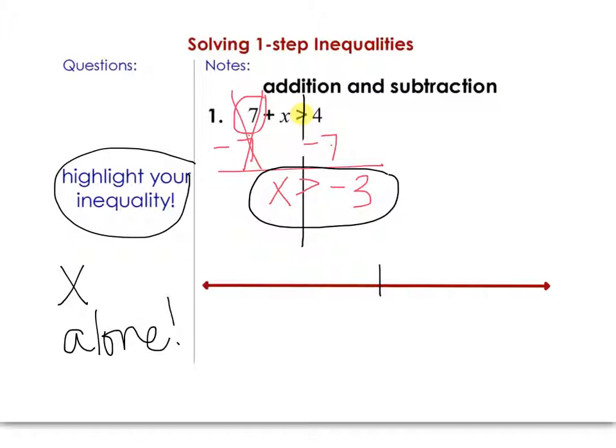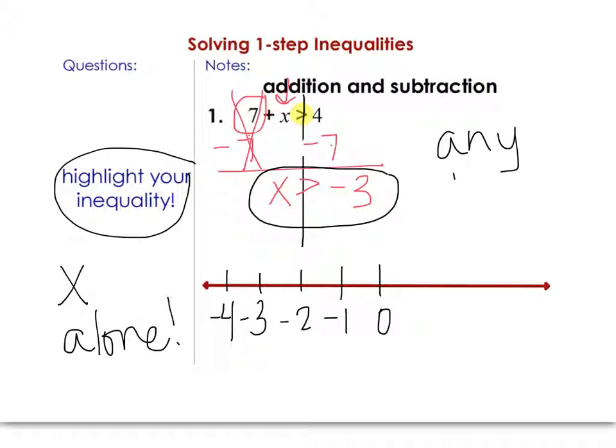So if I have a number line and it has 0, negative 1, negative 2, negative 3, negative 4, and it says that x is greater than negative 3, that means any value I put into x in my equation that's bigger than negative 3 will be true.